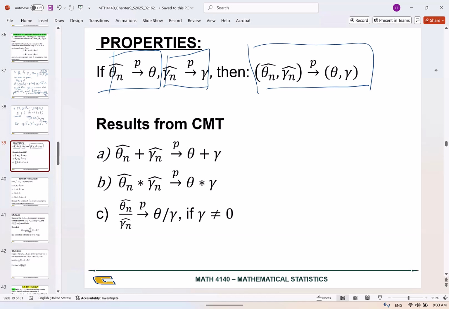Now you can see that if you apply the continuous mapping theorem, the CMT, again, and you look at the function g that makes the two components into a summation, a product, or a quotient, you also get theta n hat plus gamma n hat converging in probability to theta plus gamma. The product and quotient will follow as well.